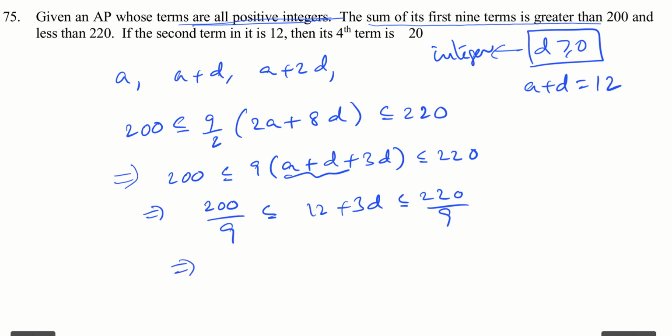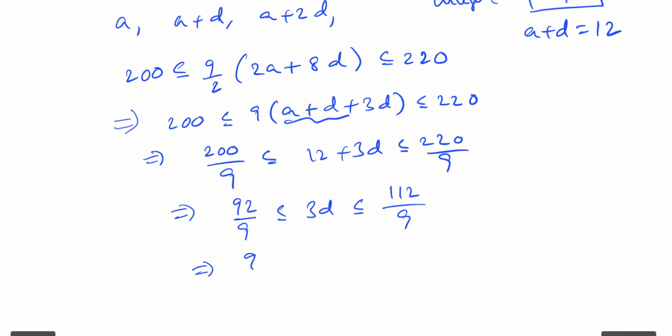Now subtracting 12 throughout, I have 200 by 9 minus 12, 108, that is 92 by 9 less than or equal to 3D less than or equal to 112 by 9. So I am getting 92 by 27 less than or equal to D less than or equal to 112 by 27.